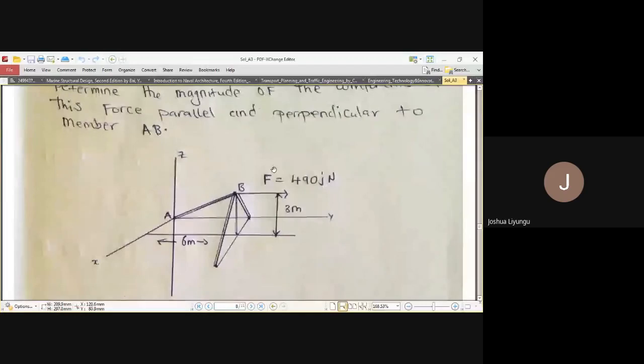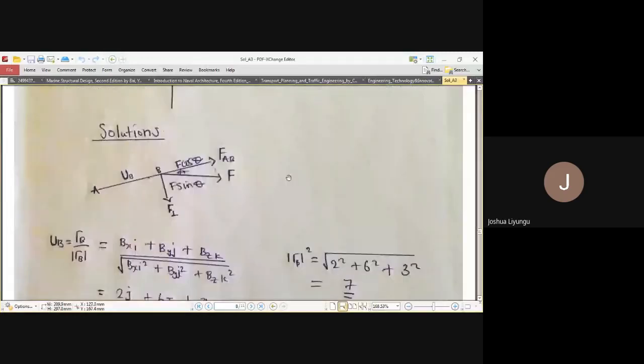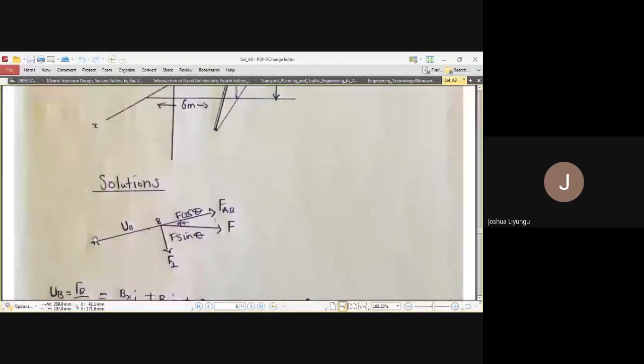This is what they are asking for. You want the force which is perpendicular to AB and the force which is parallel to AB. So this is the force we are talking about, the FAB, and the force which is perpendicular to the force AB. All of us know when to use the cos and when to use the sine.